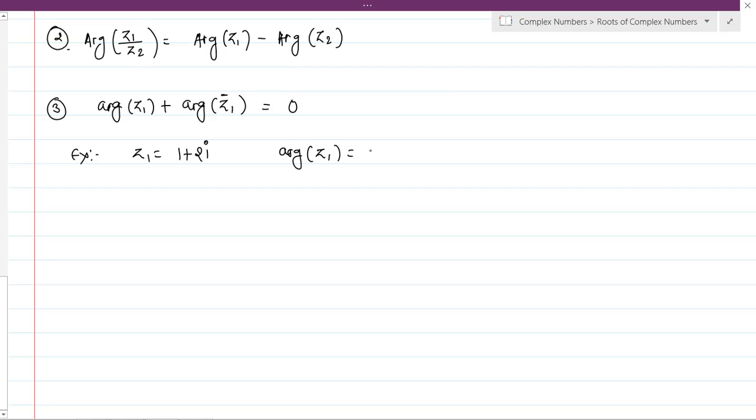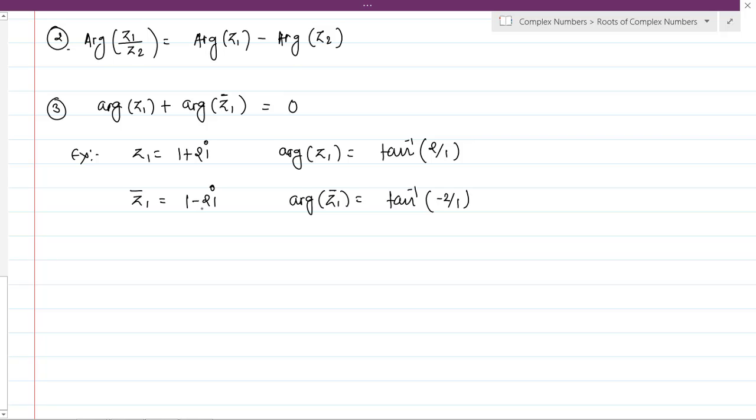Argument of z1 will be what? It is tan inverse of 2 by 1. Okay, then what will be its complex conjugate z1 bar? This is nothing but 1 minus 2i. Then what will be its argument? Argument of z1 bar is tan inverse of minus 2 by 1.